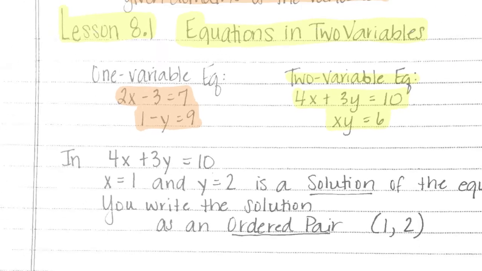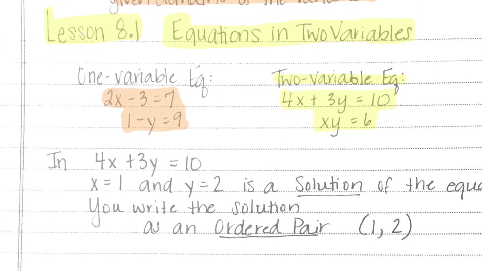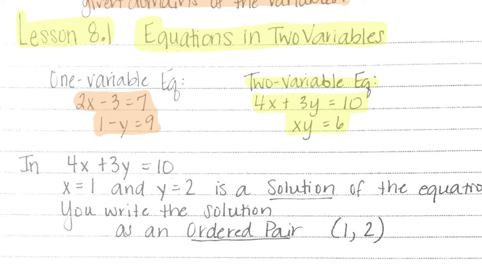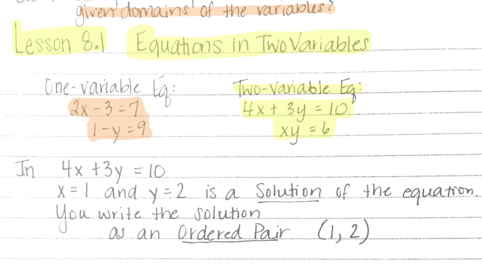And it says in 4x plus 3y equals 10, if x equals 1 and y equals 2, this is called a solution of the equation. And we usually write these as an ordered pair. I know you guys have worked with ordered pairs, so the x and y is an ordered pair here, where the x is 1 and the y is 2.